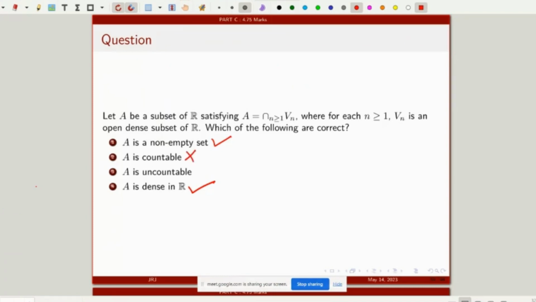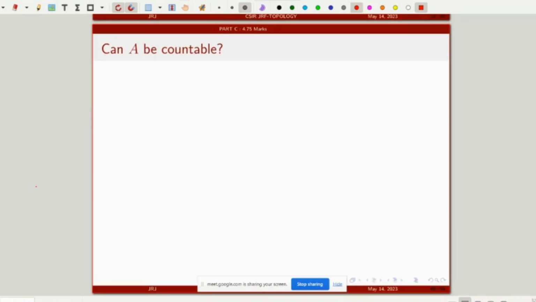So we can eliminate this option 2. Now we have to check whether A is always uncountable. So can A be countable? Can A be written as an intersection of Vn where Vn is dense open? Is it possible to write a countable set in this fashion? Take the set of rationals, and V1 is obtained by removing the first rational from the set of rationals.